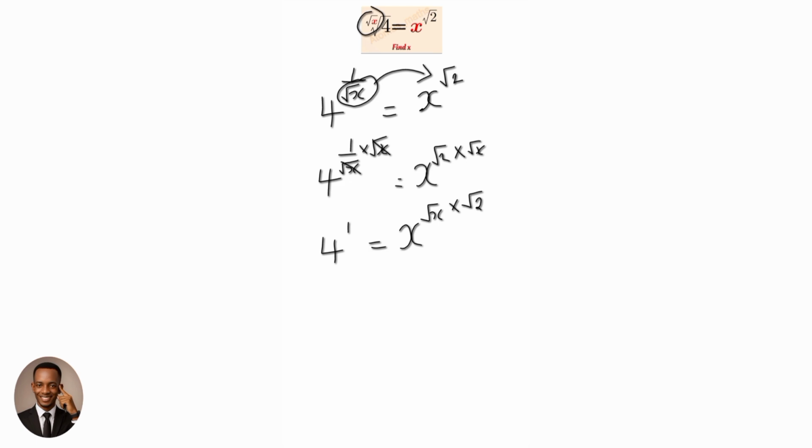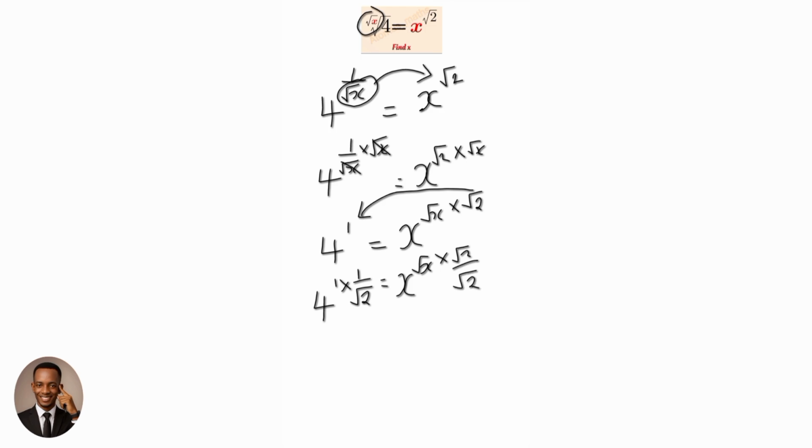Now the second step is let's bring the numbers together. How do we achieve that? By multiplying the power of both sides by 1 over root 2. So we're having 4 raised to the power 1 times 1 over root 2 equals x to the power of root x times root 2 over root 2.